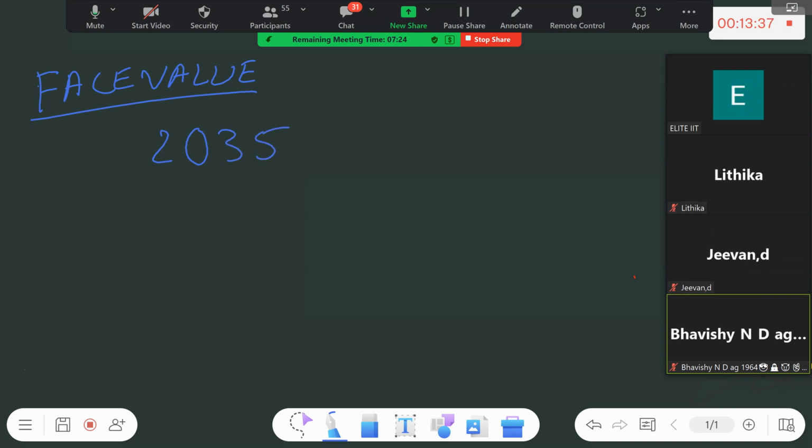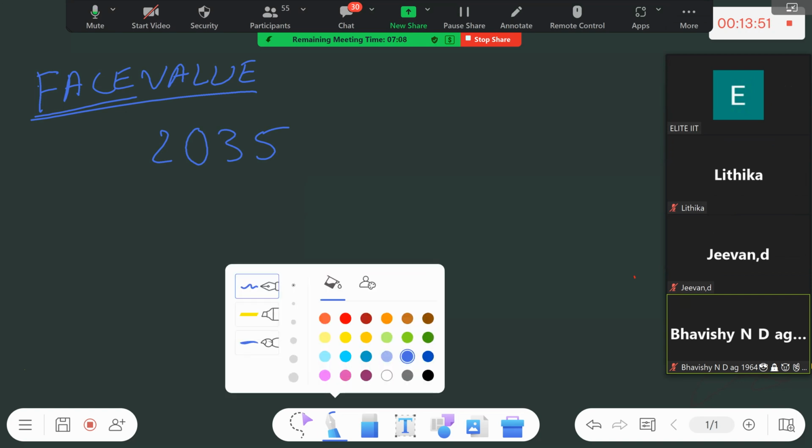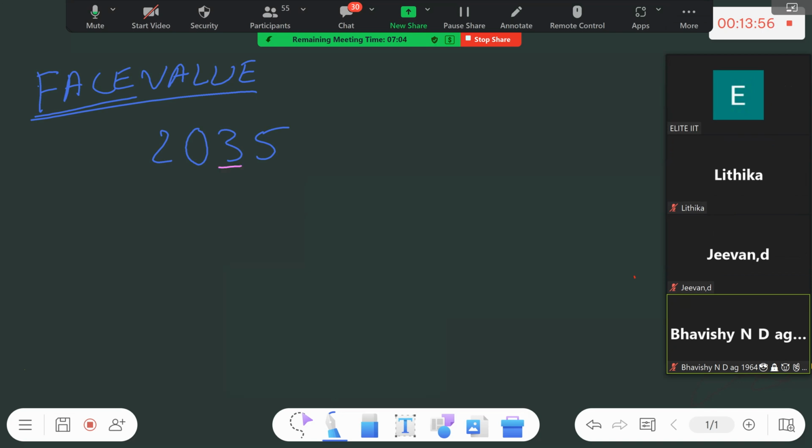If I ask you what is the face value of the number in the tens place, then the face value will be 3. And what is the place value? 30. Exactly. And there is something called place value, isn't it?